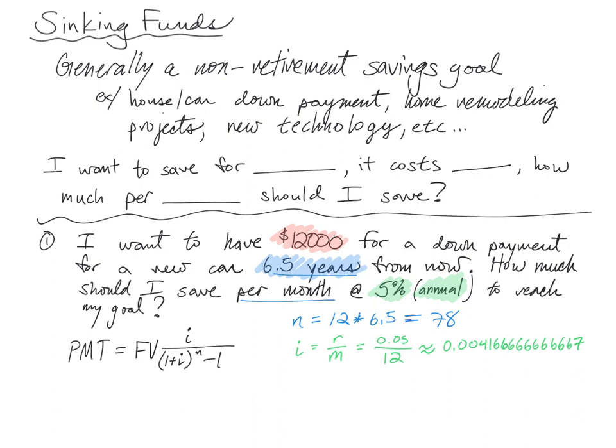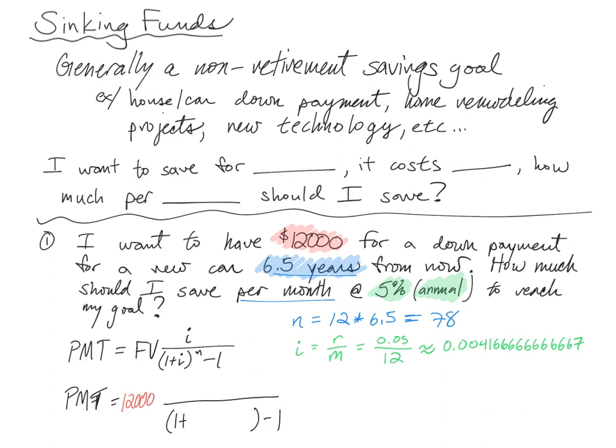So now I have everything I need to just put it into this formula here. So the payment will be, let's see, this 1 plus, minus 1. Okay, so the future value was in red, that's 12,000.